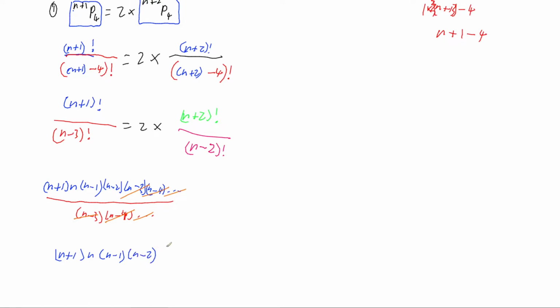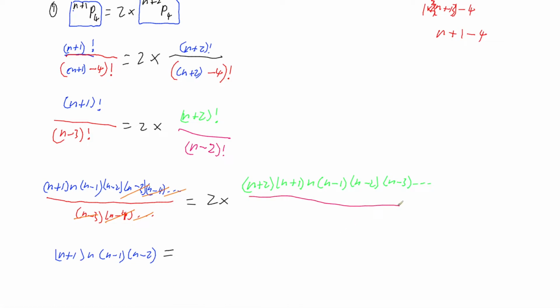Let's have a look at the right-hand side now, doing the same thing. I've still got that 2 times there, and we're just going to leave that. On top, we've got n plus 2. The next number down is n plus 1, then n, then n minus 1, then n minus 2, then n minus 3, and that pattern just keeps going.